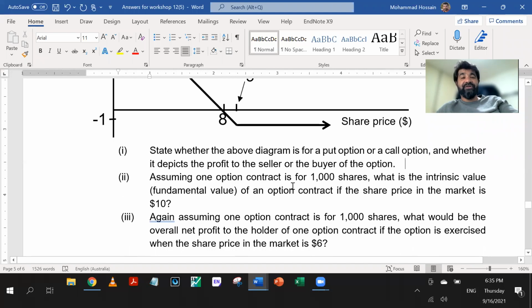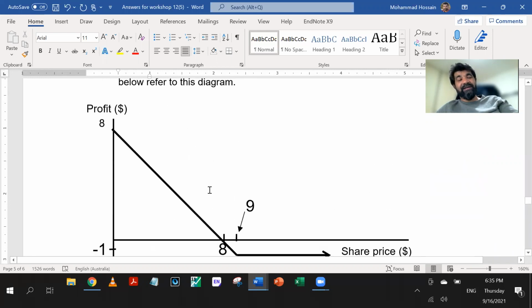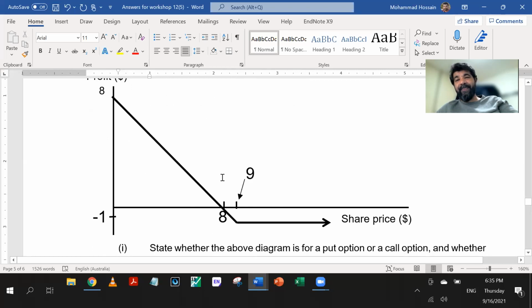Assuming one option contract is for 1,000 shares, what is the intrinsic value of an option contract if the share price in the market is $10? So look here, $9, so this is actually your put option.